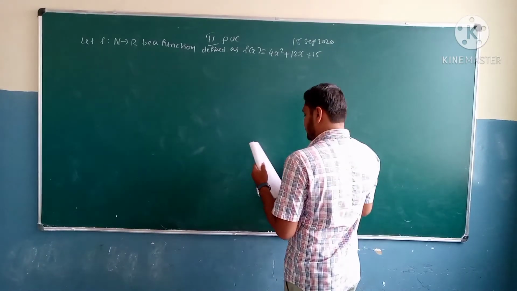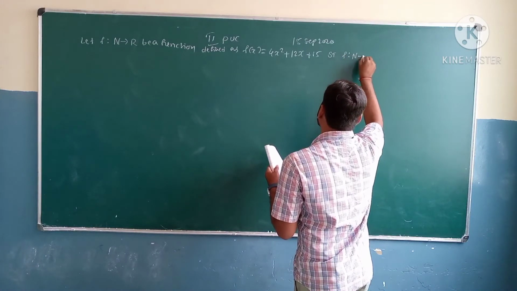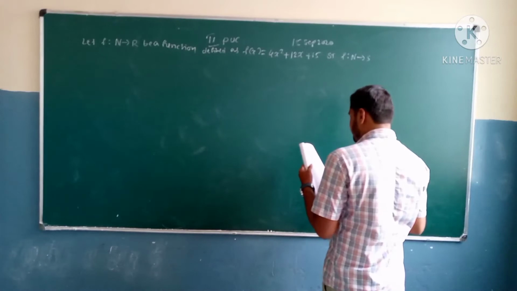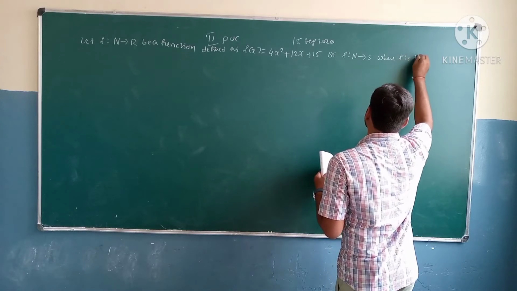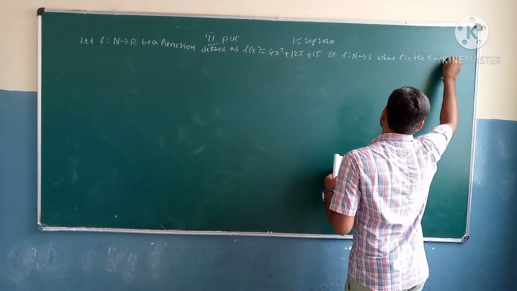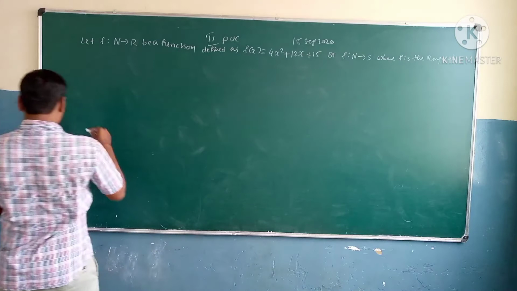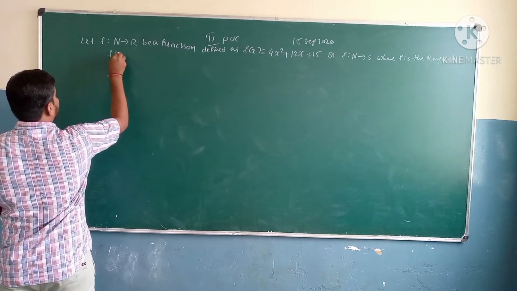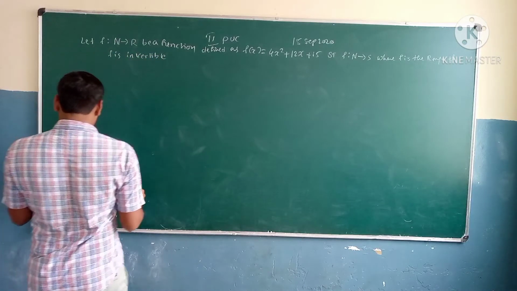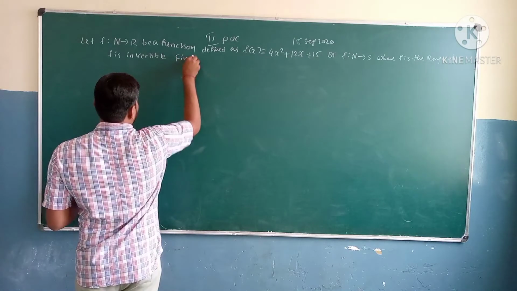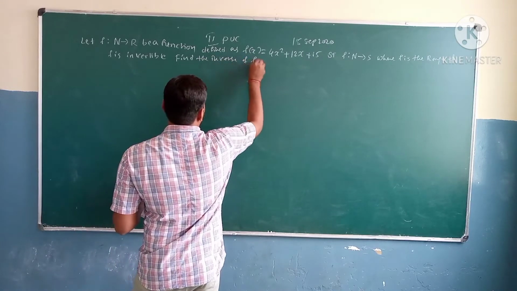Show that f from N to S, where S is the range of f, is invertible. Then find the inverse of f.